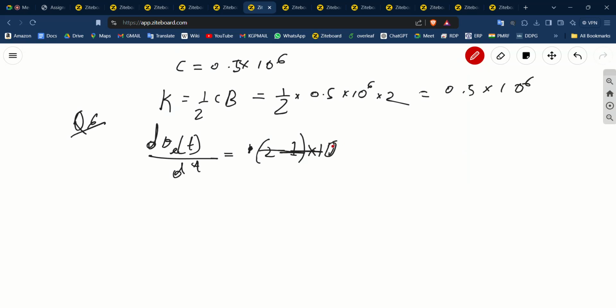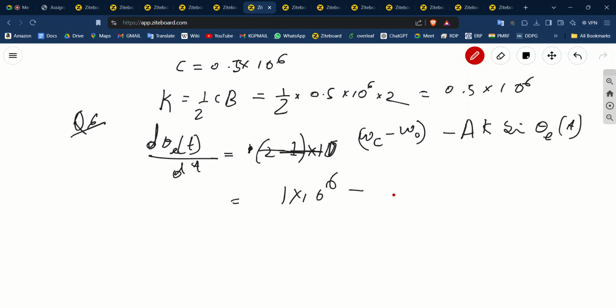Let's write the formula. So this will be 2 minus 1, so 1 into 10 to the power 6. A is 1, so it will be 0.5. K is 0.5 into 10 to the power 6, sin theta e(t).